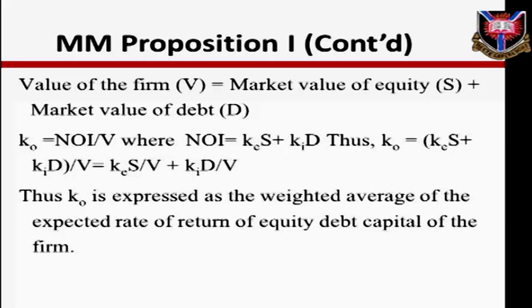Thus K0 is expressed as the weighted average of the expected rate of return on equity and debt capital of the firm. Since the cost of capital is defined as the expected operating income divided by the total market value of the firm, and since MM conclude that the total market value of the firm is unaffected by the financing mix, it follows that the cost of capital is independent of the capital structure.